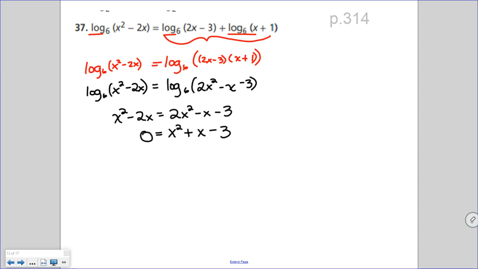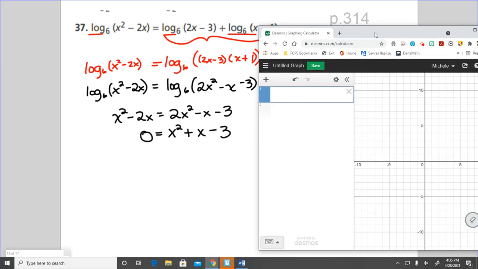So what can I do? I can apply the quadratic formula. I'm going to apply it on my calculator. So I know that x equals negative b, which is 1, plus or minus, so I'm going to start with the plus. X equals negative b plus or minus radical b squared, so 1 squared, minus 4 times a times c, negative 3, all over 2 times a, which is 1.